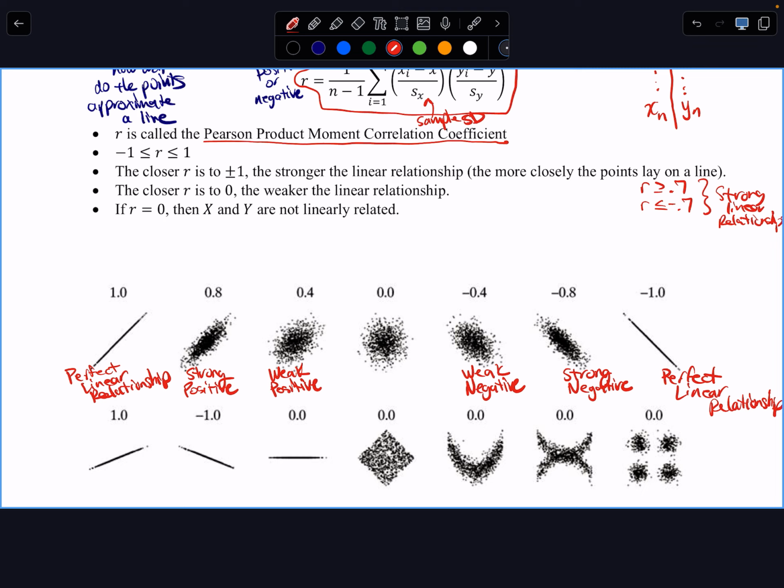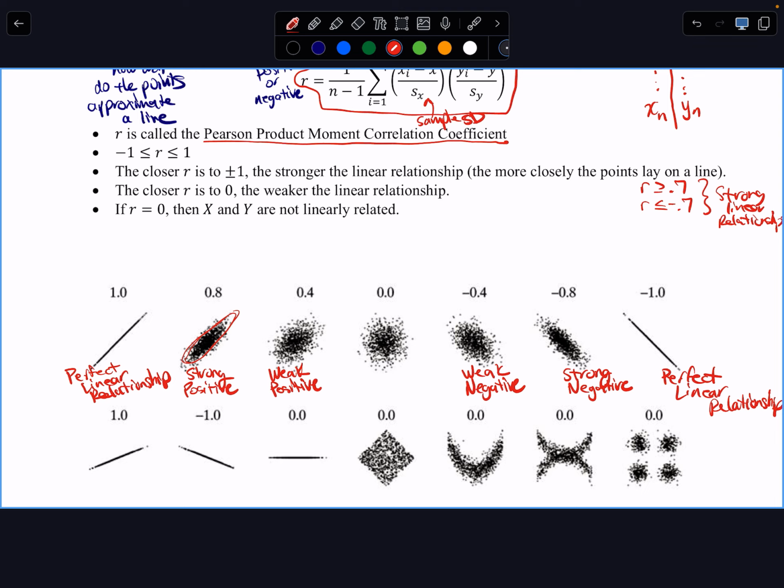Now notice the difference between this strong and this weak here. One of the things that I like to do when I'm trying to determine whether there's a strong or a weak linear relationship is basically if most of my points kind of fit within a thin oval, then I'm going to say that that's pretty much a strong linear relationship. But as I get weaker, that oval becomes more circular, right?